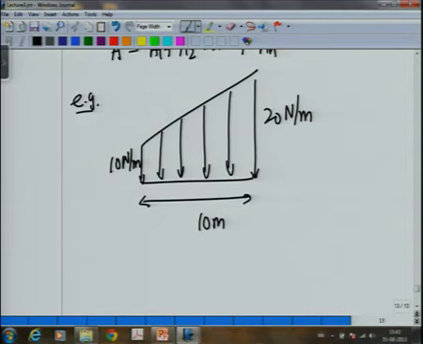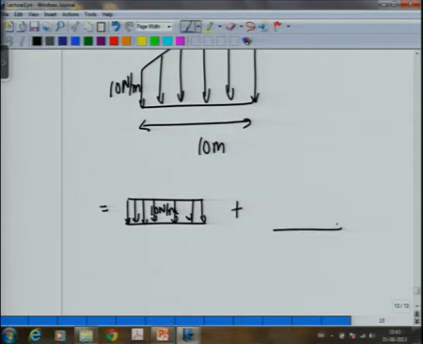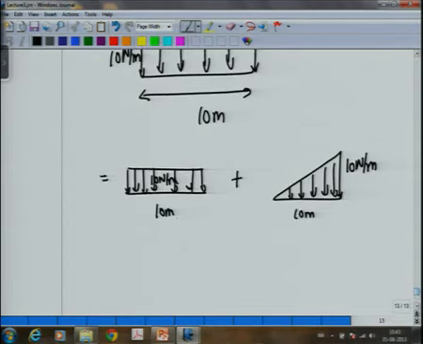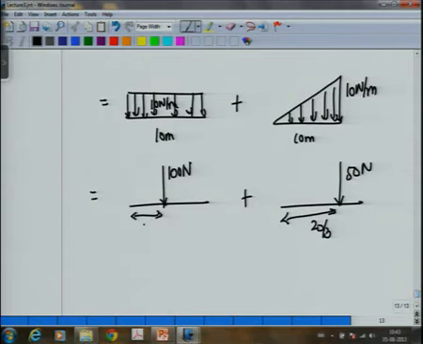One way is of course you work out the equation of the line W(x), and then you integrate this, or what you can do is this is equal to a 10 Newton per meter rectangular load plus a triangular load, and this is equal to 100 newtons plus 50 newtons, this is at 20 by 3 and this is at 5, and then you use the composite formula to find where it acts. So, a trapezium type of load can be divided like this.